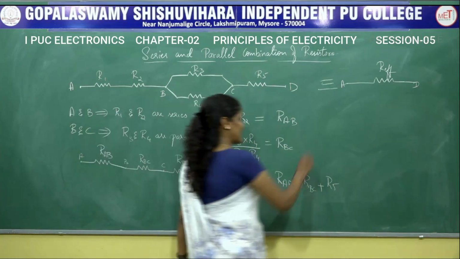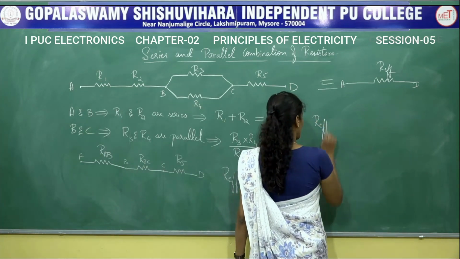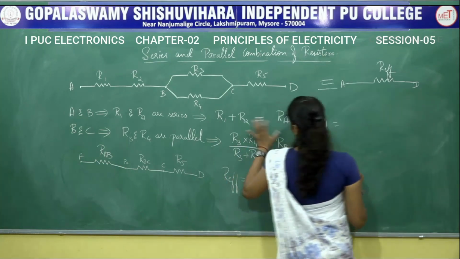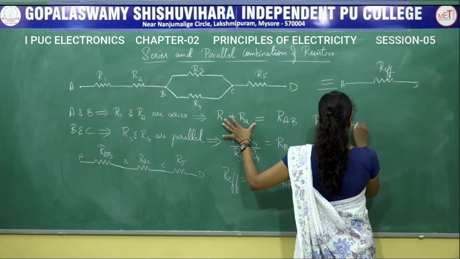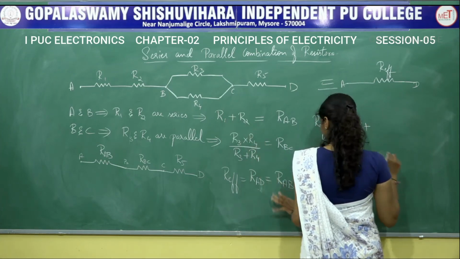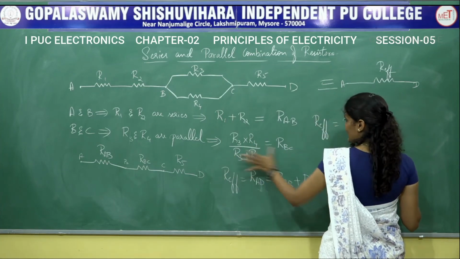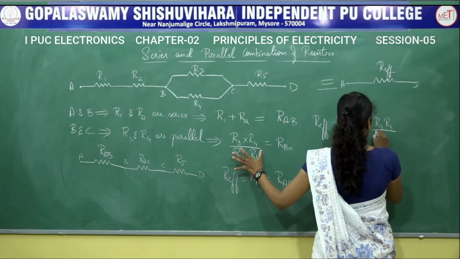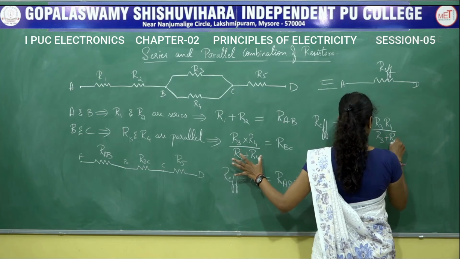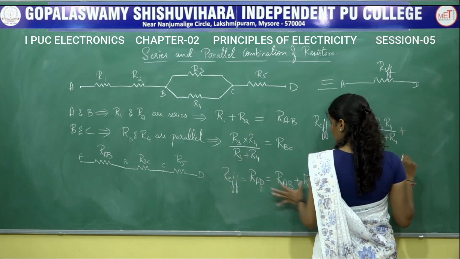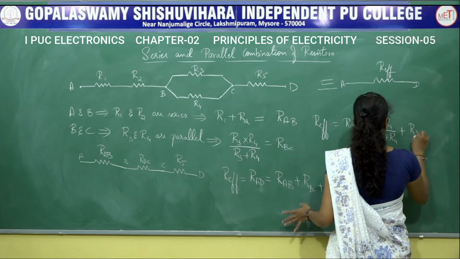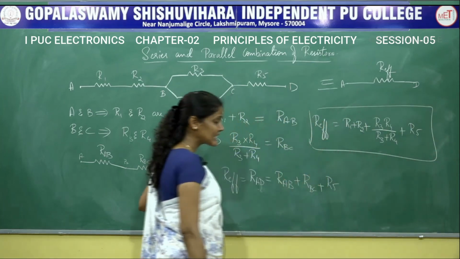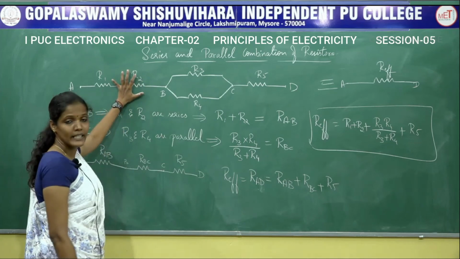If you write this in a particular manner, R effective is equal to RAB, which is R1 plus R2, plus RBC, which is R3 into R4 divided by R3 plus R4, and R5 will be retained as it is. So I am going to write R5. This is the total resistance of this particular diagram.